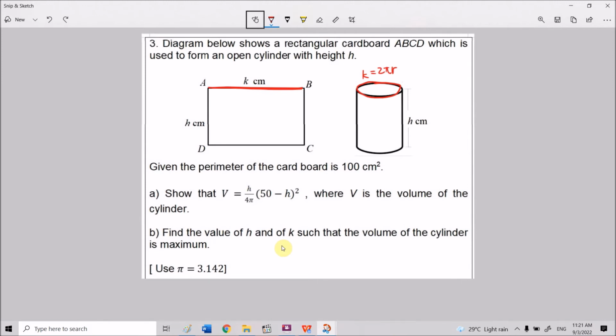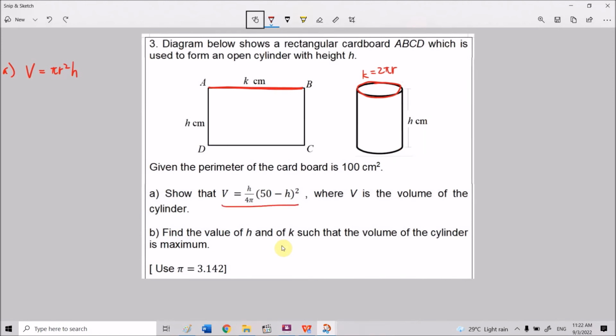Okay, so we start off with the volume formula, the volume of a cylinder. So the volume of a cylinder is equal to pi r squared, which is the area of the base, the area of the circle, times the height, h.